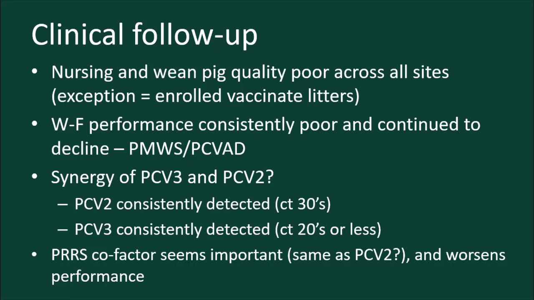There were lesions typical of circovirus-associated disease, and also typical of what's been described for PCV3. But in these pigs, same pigs, PCV3 is consistently detected in the low 20s or less on PCR. So I'm not sure. It's a question I'm throwing out there that hopefully someone a lot smarter than me will take a look at.